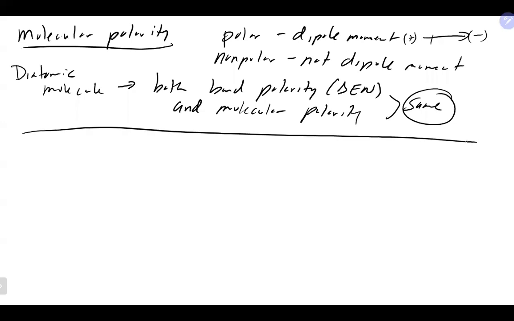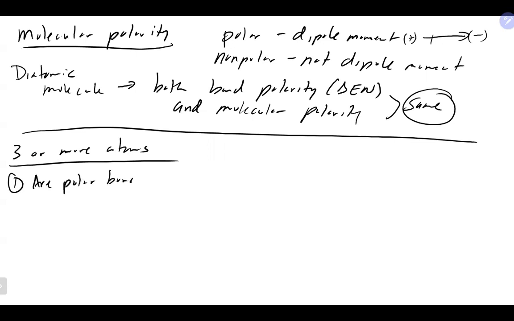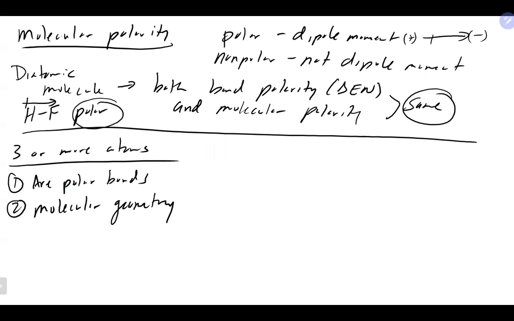When you get to 3 or more atoms, you have to look at 2 things. Are there polar bonds? And the molecular geometry. So for diatomic, very simple. This guy is a polar bond, which means this molecule would be polar. And for this diatomic, this bond is a nonpolar bond, which means this molecule will also be nonpolar.